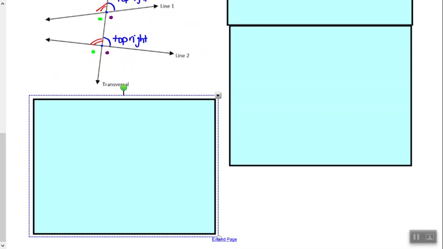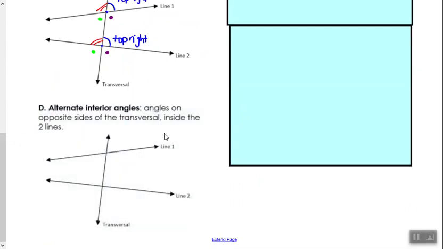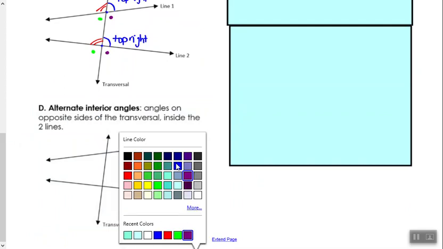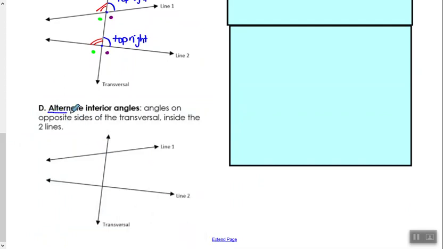Okay, next. Alternate interior angles are angles on opposite sides of the transversal inside of the two lines. So if I break this up, interior angles are in between my two lines. So here's my one line, here's my other line. My interior angles are going to be all of these.